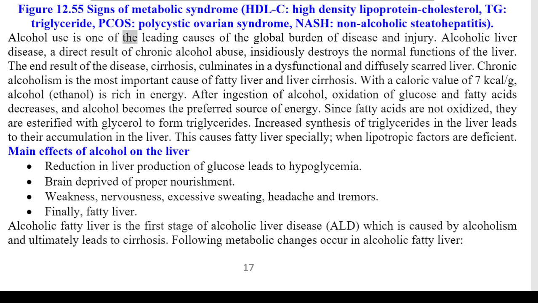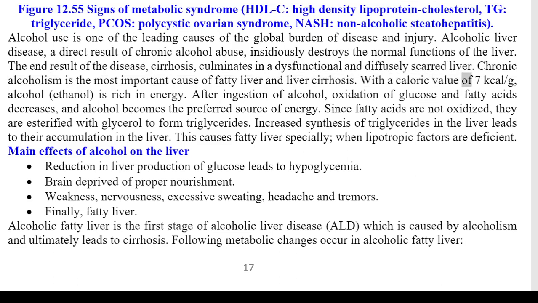Alcohol use is one of the leading causes of the global burden of disease and injury. Alcoholic liver disease, a direct result of chronic alcohol abuse, insidiously destroys the normal functions of the liver. The end result of the disease, cirrhosis, culminates in a dysfunctional and diffusely scarred liver. Chronic alcoholism is the most important cause of fatty liver and liver cirrhosis.